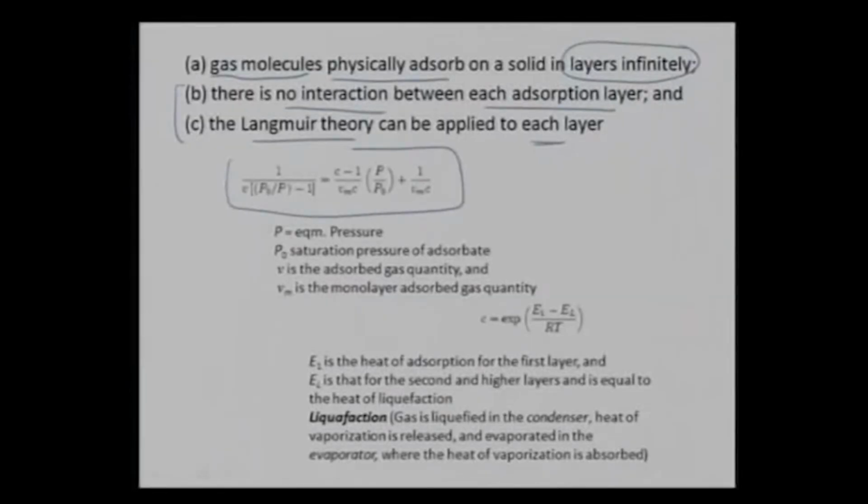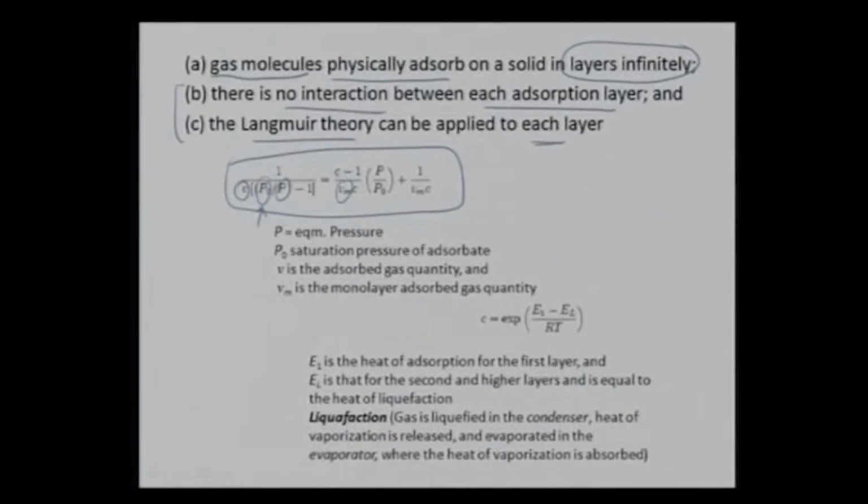So that is the advantage of this particular BET theory, and it basically comes out to be a formula where our adsorbed gas quantity has some relation with the equilibrium pressure and the saturation pressure. This is the saturation pressure and the equilibrium pressure with respect to the monolayer which is now being adsorbed on the surface.